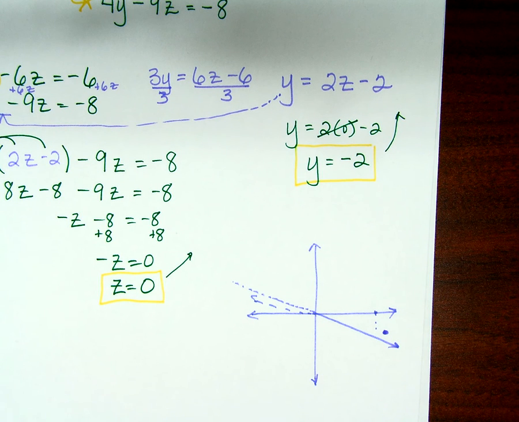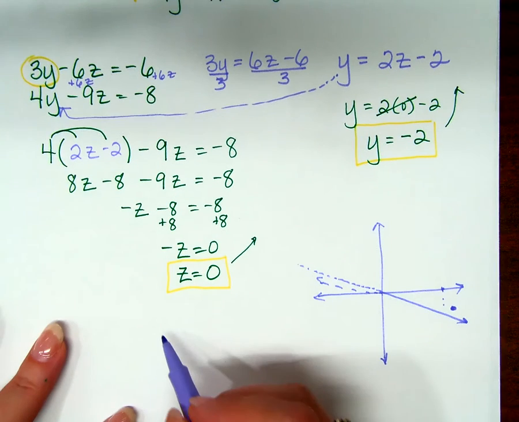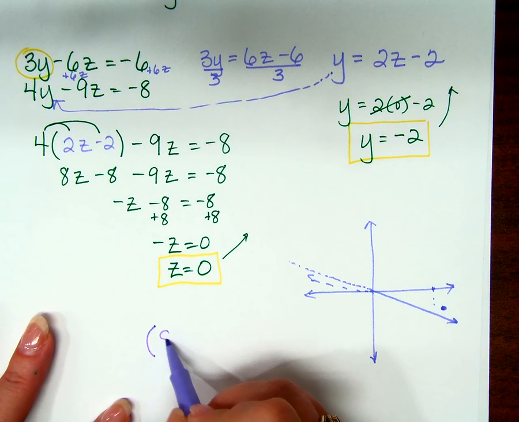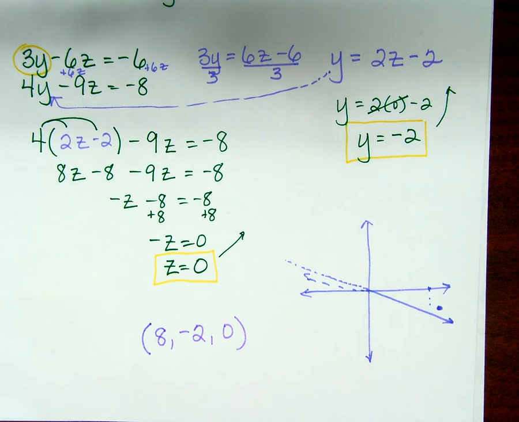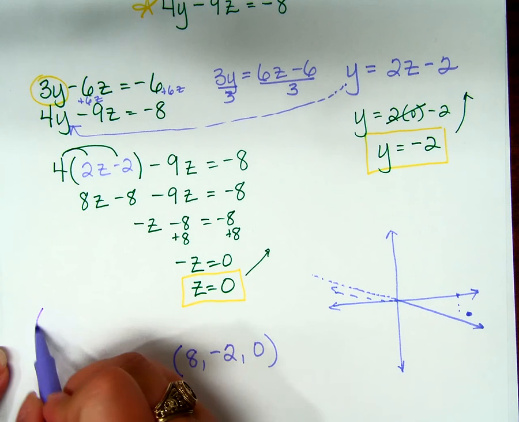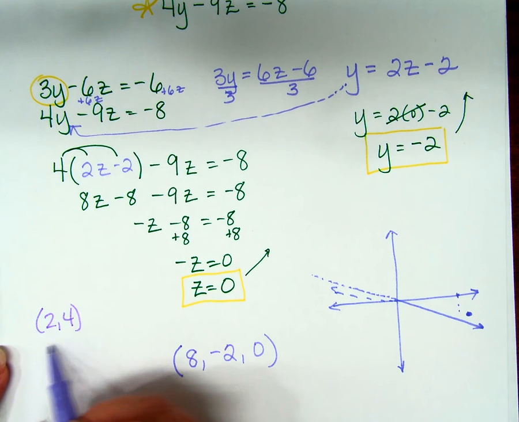But what I need you to know is how to write the answer. Creed said XYZ, right? So we would write 8, -2, 0. And I need you to know what that is called. What's this one called?